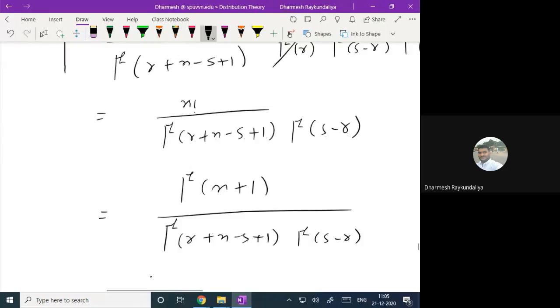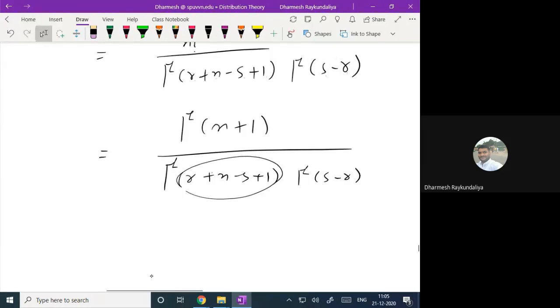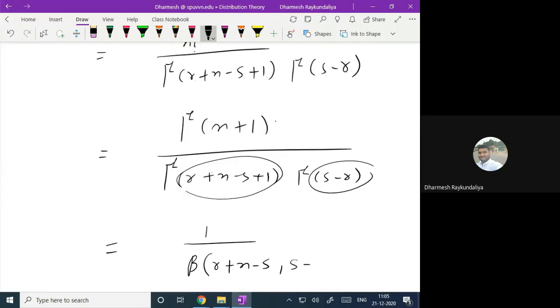The denominator is nothing but the sum of these quantities, so it is 1 upon beta of (r plus n minus s plus 1) and (s minus r).